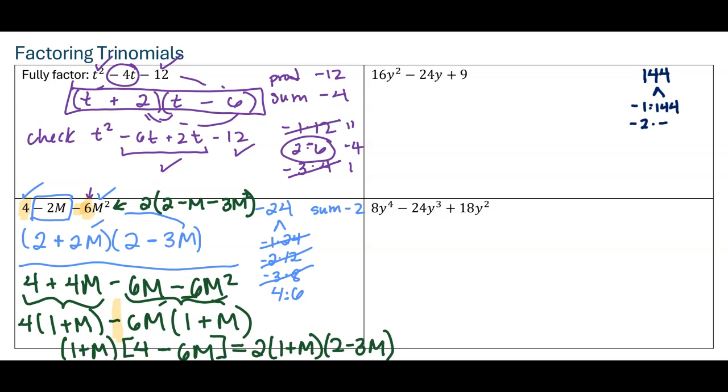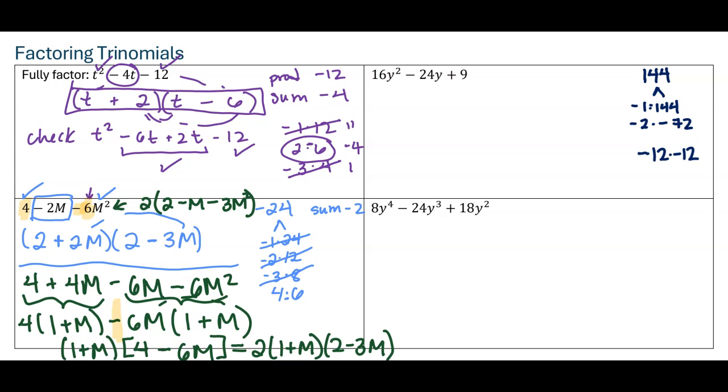Negative 2 times negative, what would that make it? 72? Basically, what we need is to get 2 factors a lot closer together, and what maybe some of you are kind of screaming out at this thing if you have your perfect squares memorized is that 144 is a perfect square. It is 12 squared, so that leads me finally to what actually looks pretty promising, negative 12 times negative 12.